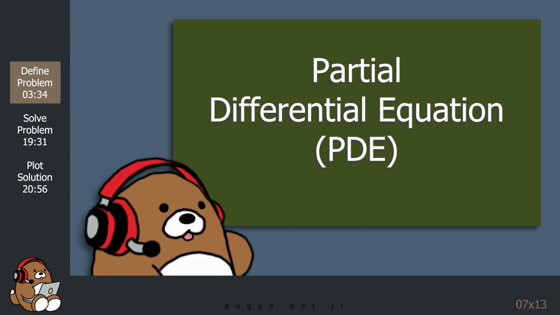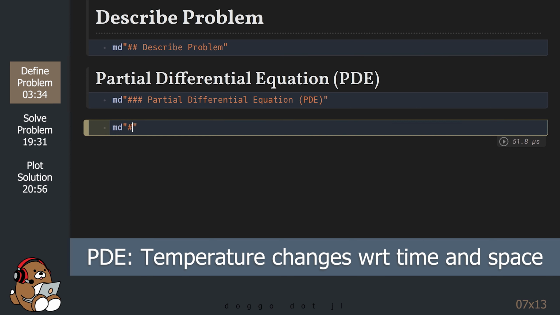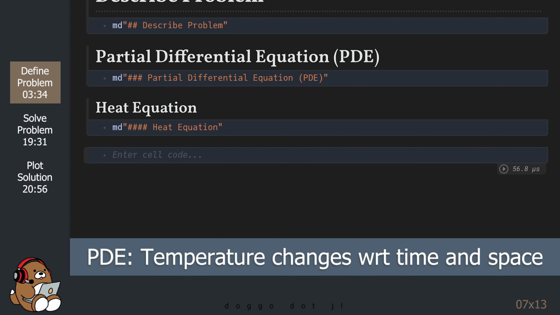An ODE defines how something changes with respect to something else, usually with respect to time. A partial differential equation, or PDE, defines how something changes with respect to two or more things at once. So the heat equation is a PDE because it defines how temperature changes with respect to both time and space.